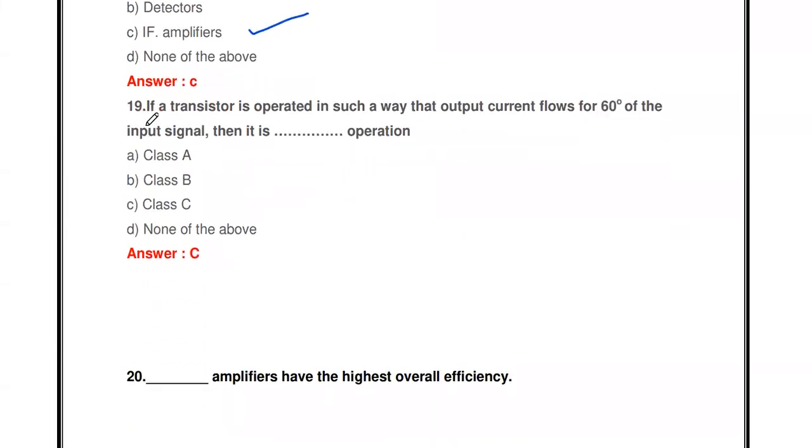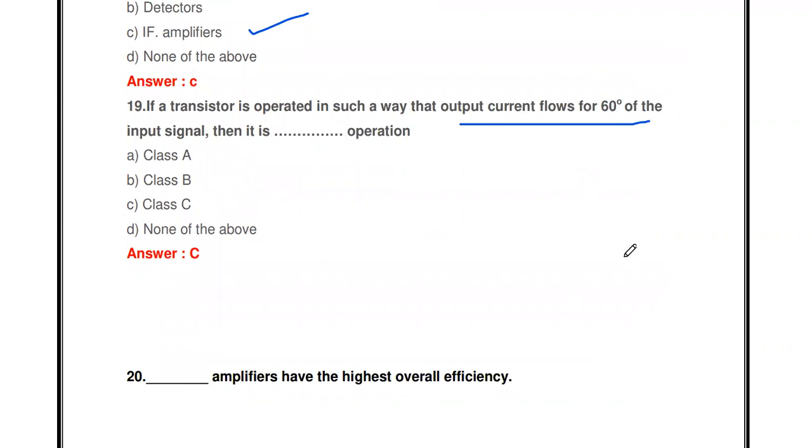Then the next one, if a transistor is operated in such a way that the output current flows for 60 degrees of input signal, then it is called dash operation. So already we discussed this question in a previous video. If the conduction angle is 360 degrees, it's class A. 180 degrees means class B. In between 180 and 360 means class AB.